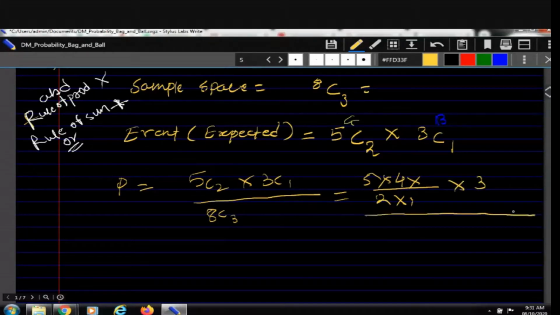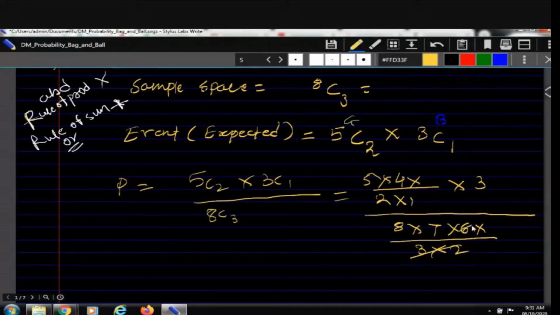Divided by 8C3, that is 8 factorial, which you can write as 8 into 7 into 6 into 5 factorial, divided by 5 factorial into 3 factorial. So 5 factorial will get cancelled, and here 3 factorial is 3 into 2. So this 3 into 2 is 6.